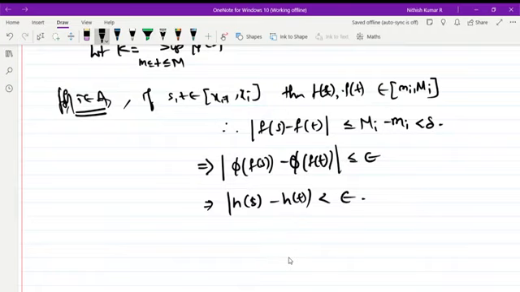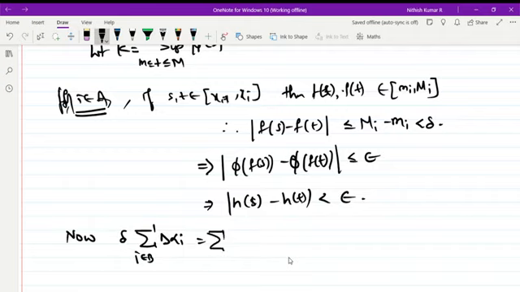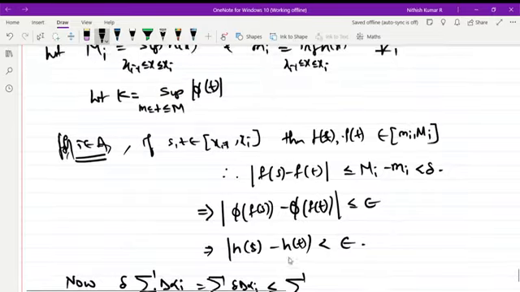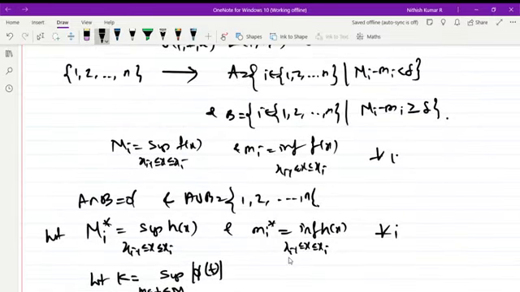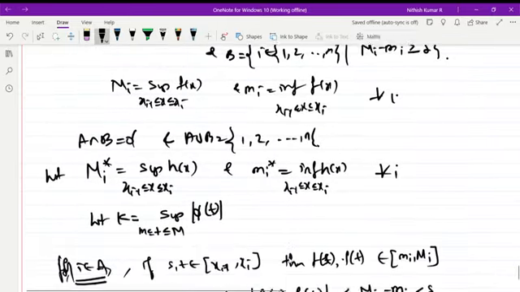Now delta times the summation of delta alpha i, where i belongs to B, equals the summation over i belonging to B of delta times delta alpha i. Whenever i belongs to B, we have capital Mi minus small mi greater than or equal to delta.